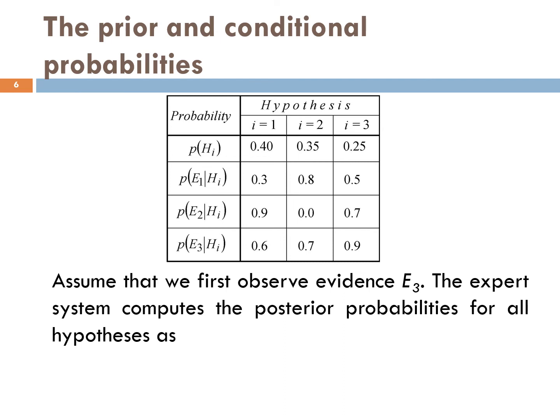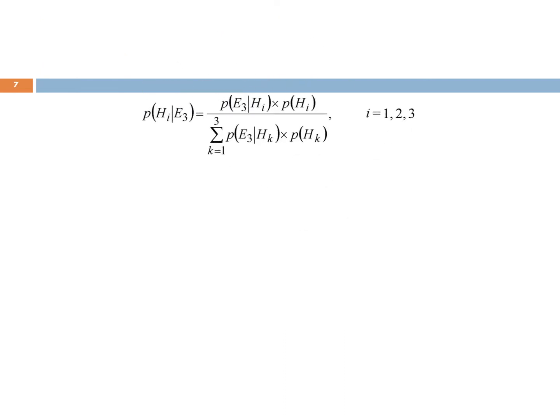So hypothesis 1 is 0.4, and the others are 0.35 and 0.25. This is the equation that we are going to use since we are going to observe evidence 3. So evidence 3 in the equation will not change, and then we look at all the hypotheses and compare with the ones that we have.